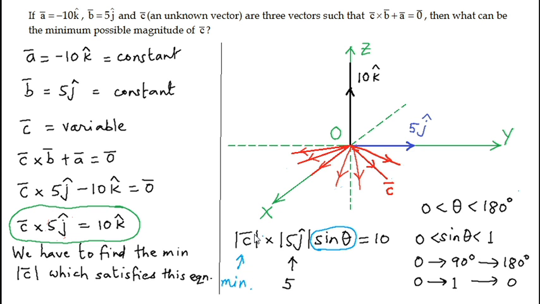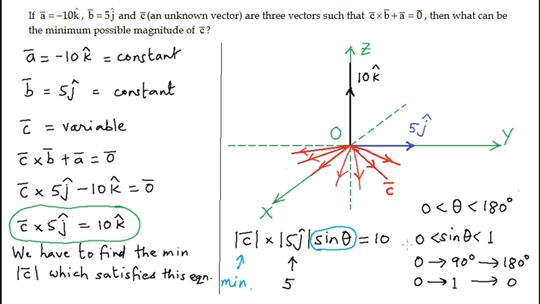Now, to return to the question, we know that we have to minimize mod c bar. Notice that mod c bar multiplied by 5 multiplied by sine theta is a constant, that is 10. When we try to minimize mod c bar, that is when we make it small, we have to compensate for that by making sine theta large, in order that the product of mod c bar and 5 and sine theta remains constant at 10.